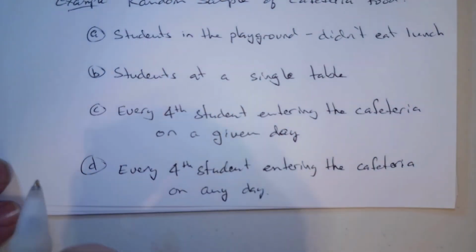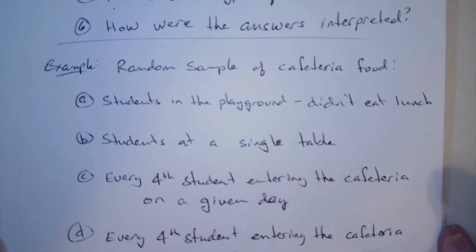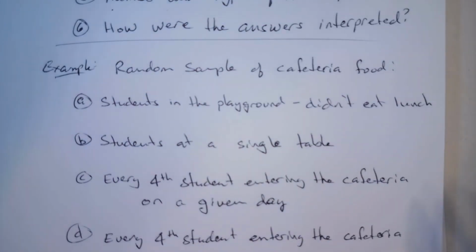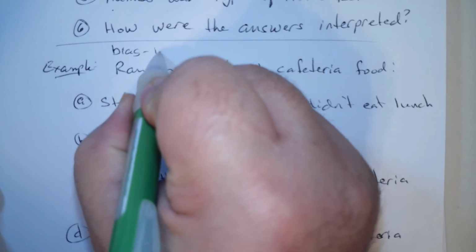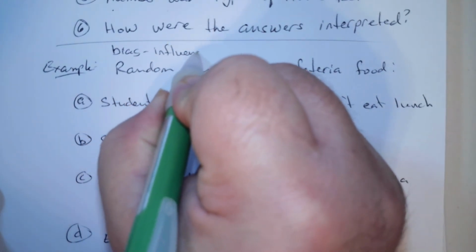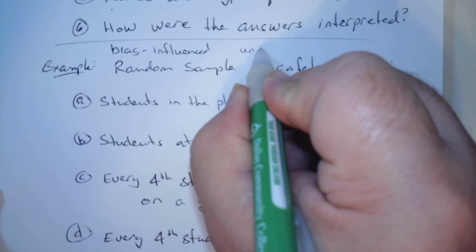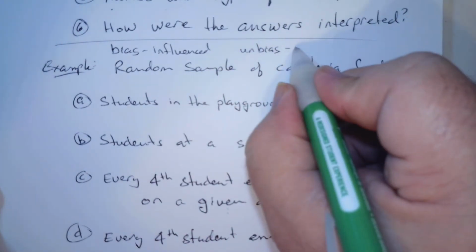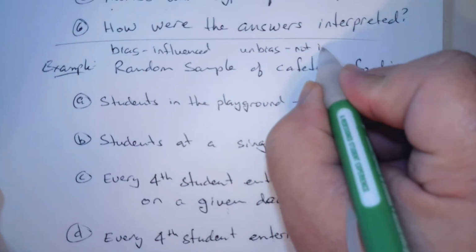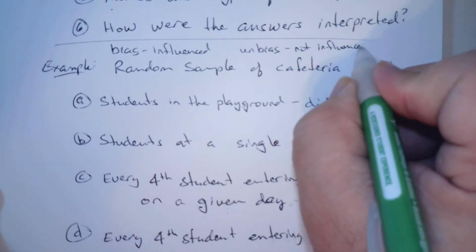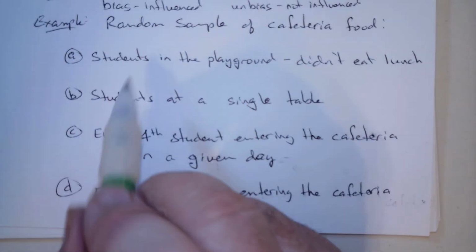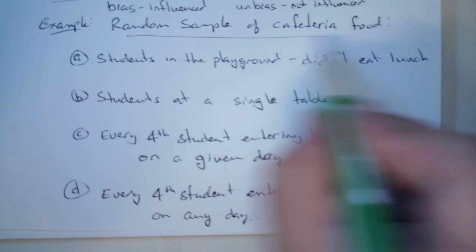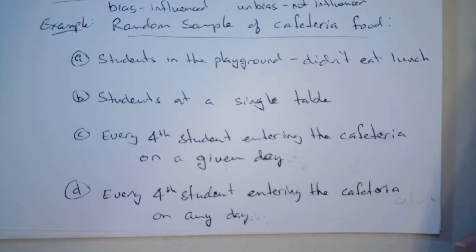All right, now what we're looking at here is biased versus unbiased. In other words, biased means is it influenced? Unbiased means not influenced. So the students in the playground didn't eat lunch. If you ask them what they think about the food at the cafeteria, what do you think?